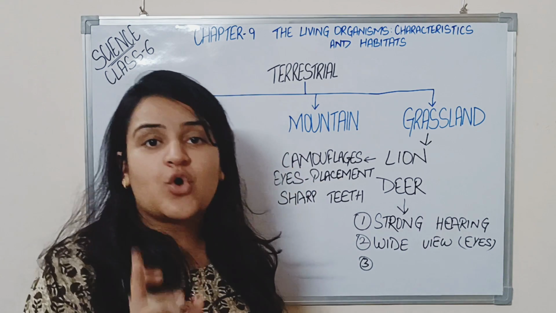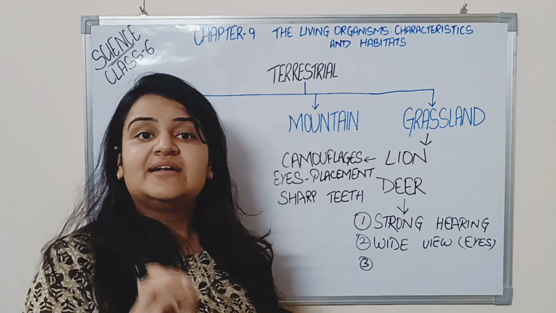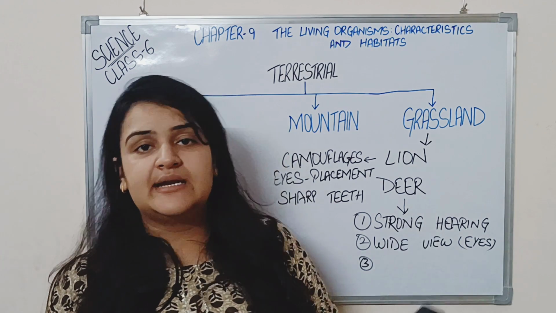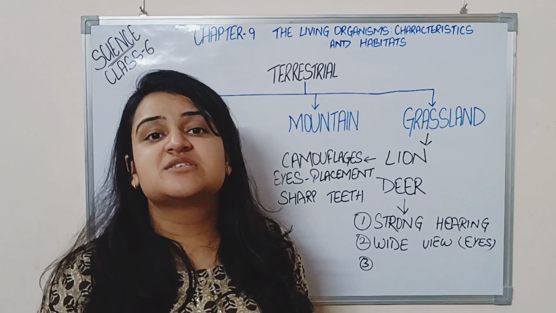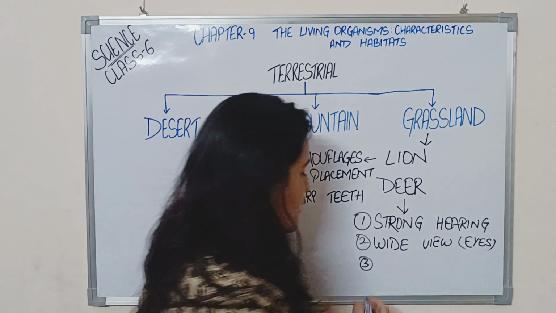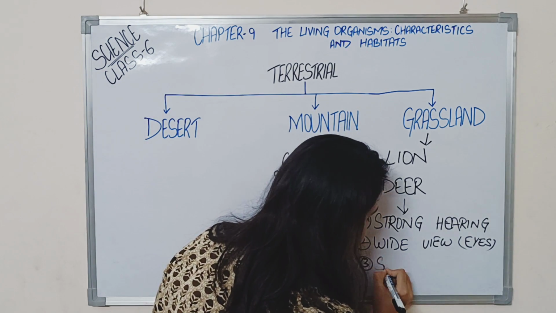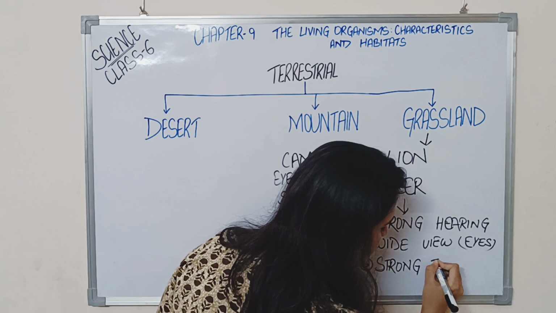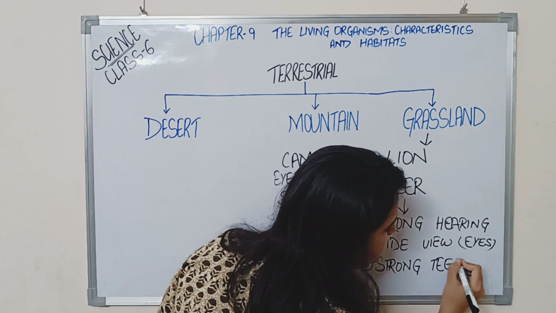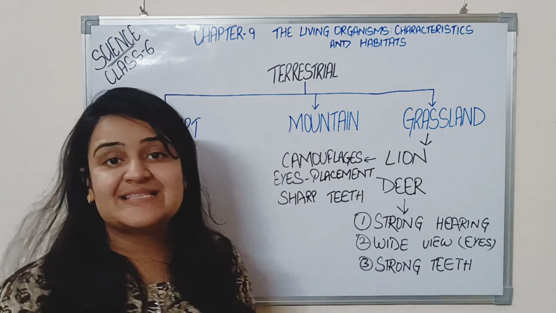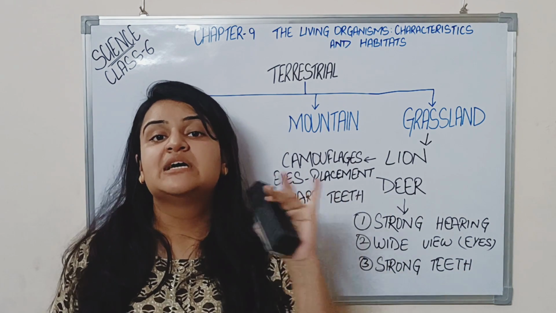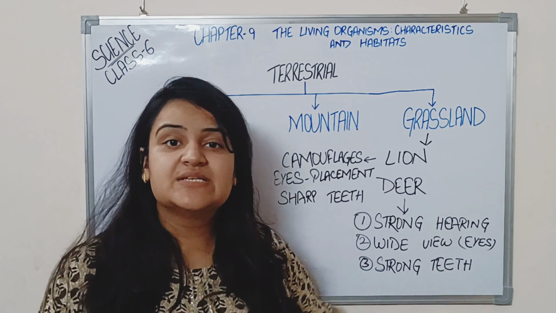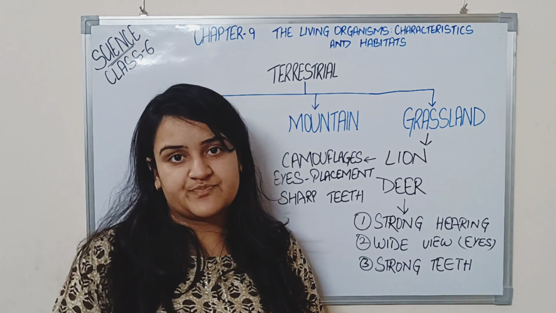So it has strong teeth that help the deer to chew and cut the stems, the branches, the leaves of the plants. That helps the deer with its herbivore dietary condition, because it only survives on eating plants, right?